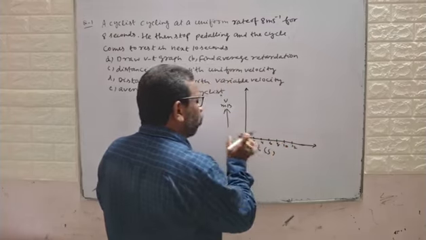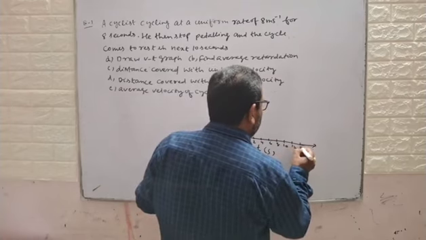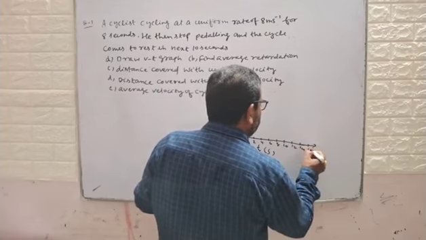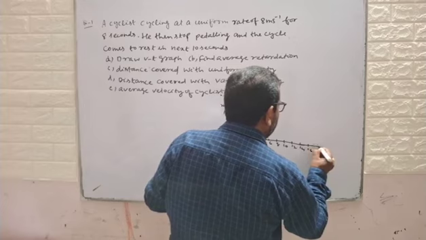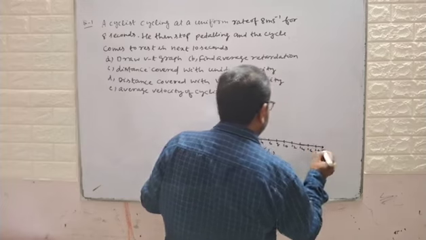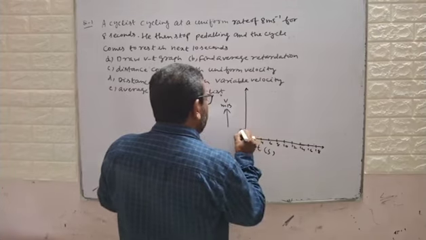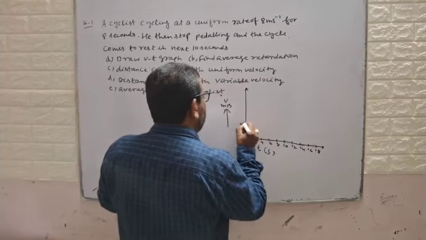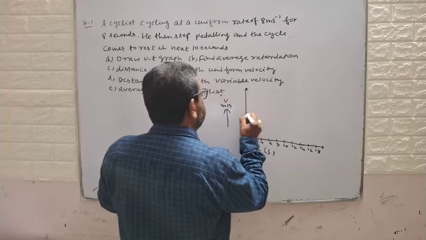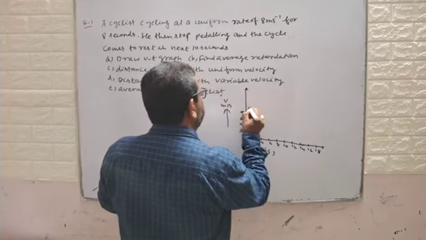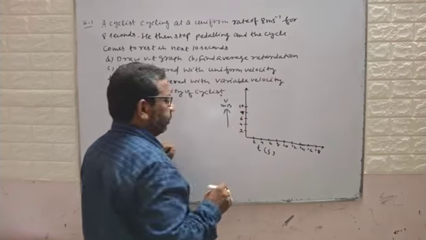Each unit I take 2 seconds. 14, 16, then 18. And here I will take 2 meters per second, 4 meters per second, 6 meters per second, 8 meters per second, 10 meters per second.